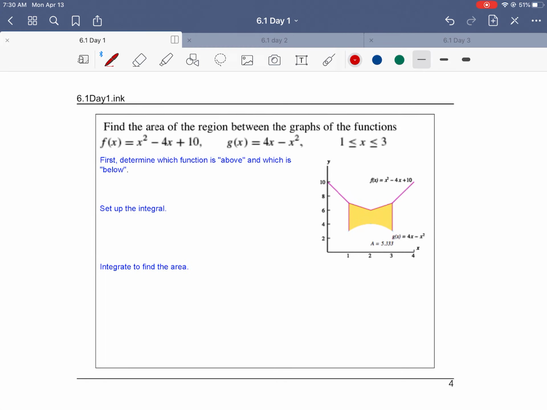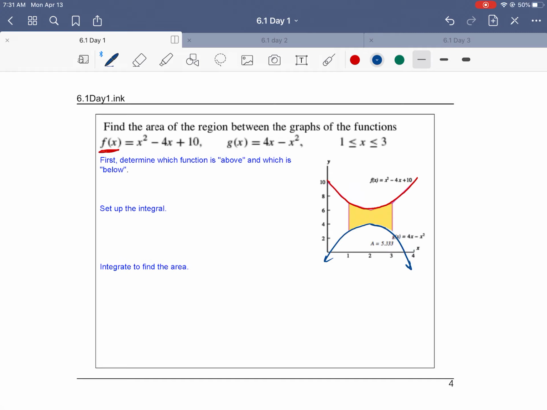Okay, so first example. Find the area of the region between the graphs f of x, which is x squared minus 4x plus 10. That's in, I'm going to make it in red on this graph. Again, go to your graphing calculator and put both of these functions in. And then 4x minus x squared should have been in blue.